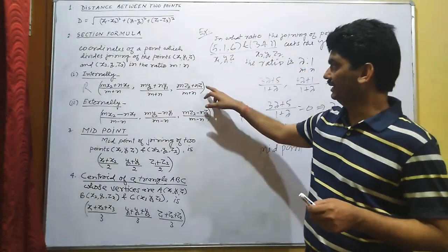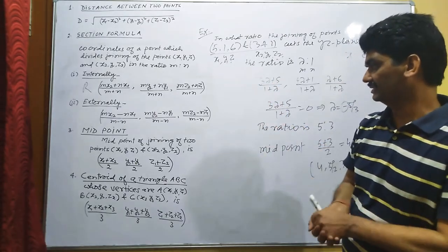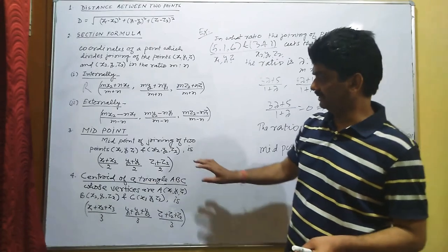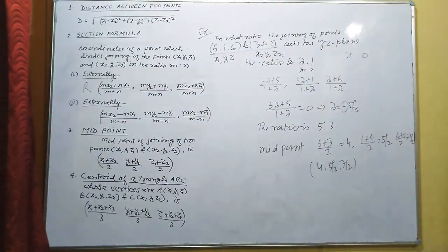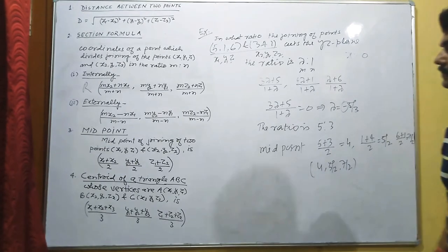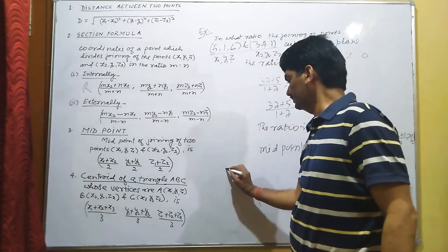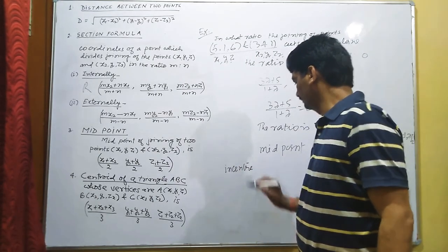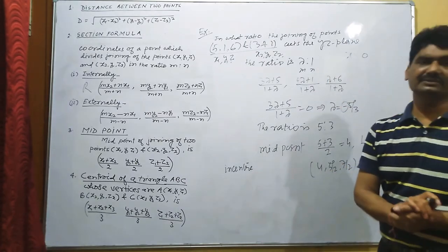Similarly, by using the section formula we also find some geometrical measures, as there is only one centroid of the triangle and there are also some other centers of the triangle, such as the incenter.